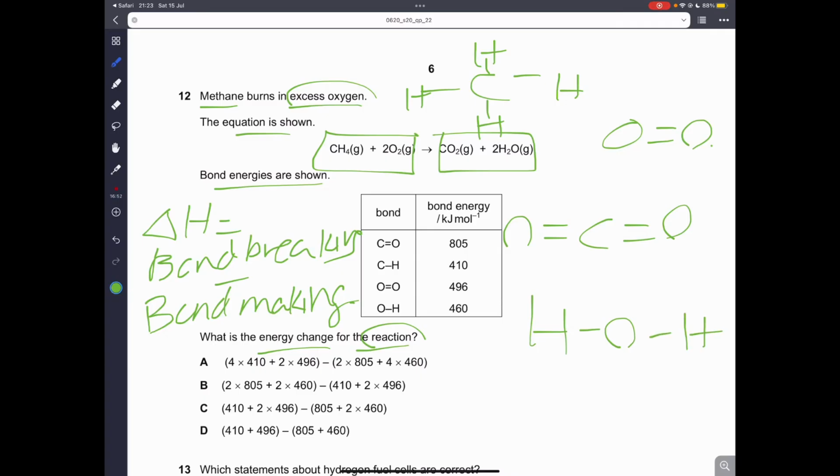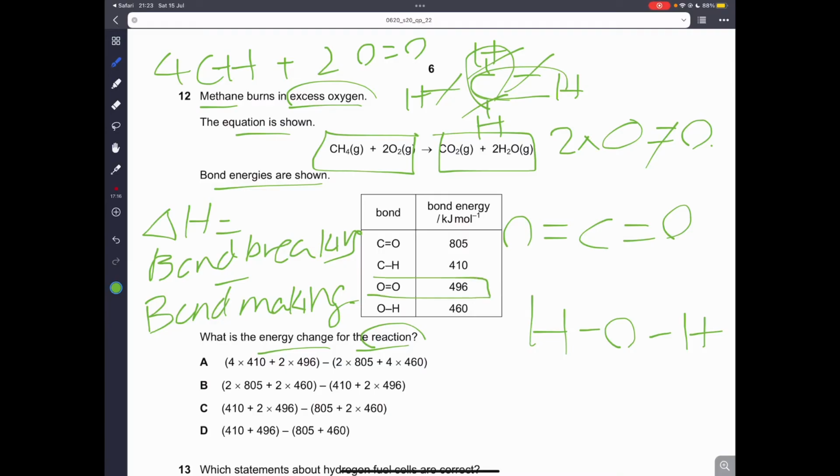Okay, so we have to actually see what is bond breaking. So in here we are going to break 4 of the C-H bonds. 1, 2, 3, 4. We're going to break 4 C-H bonds, and plus we are also going to break 2 oxygen bonds, 2 O=O bonds.